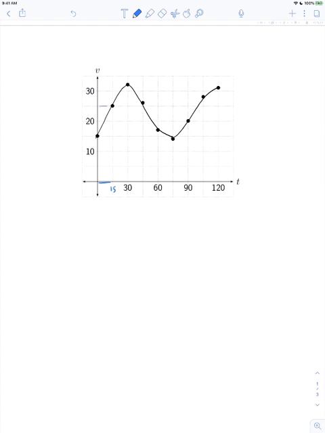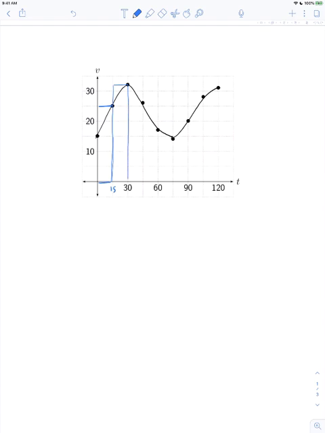So I should choose the right endpoint to give me the height of my rectangle. Similarly, between 15 and 30 minutes after 5 o'clock, I'm still increasing, so I choose the right endpoint to determine the height of my second rectangle, like so.